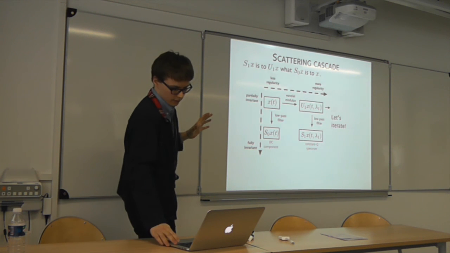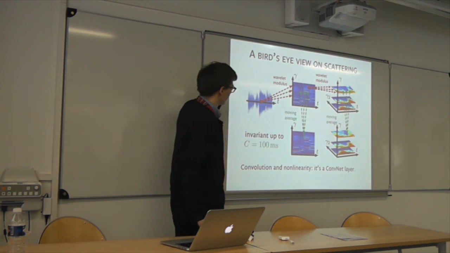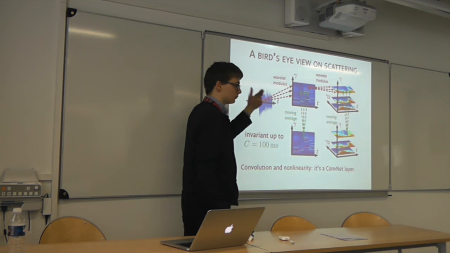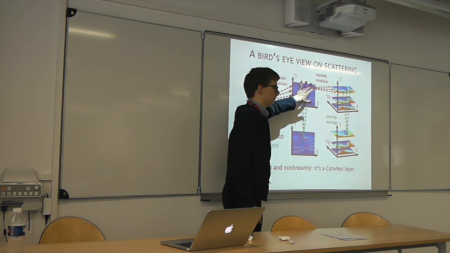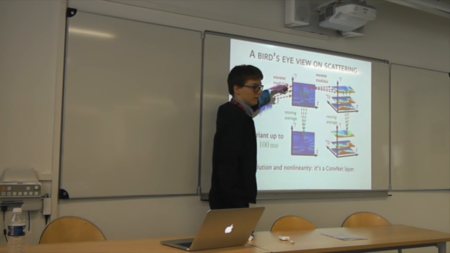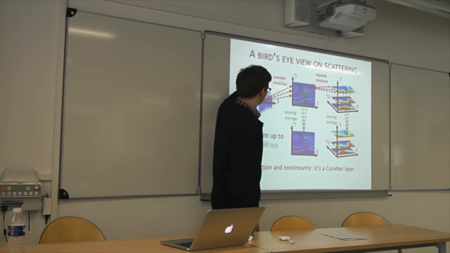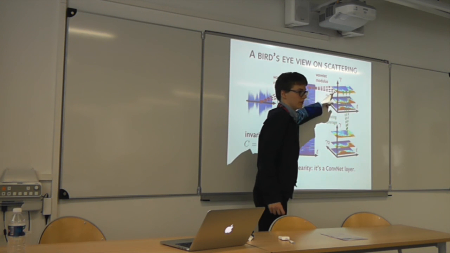The idea is to scatter the signal again, to do a wavelet transform of the wavelet transform modulus. So the wavelet transform is linear, but then the modulus is nonlinear. So that's a convolution and a nonlinearity. And again, a convolution and a nonlinearity.